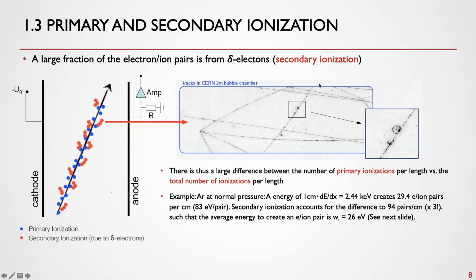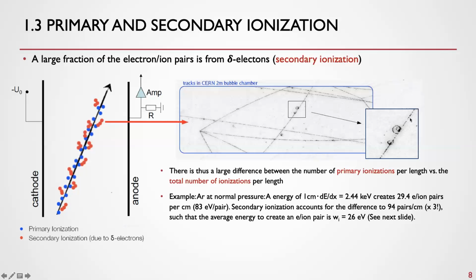The total ionization yield of such tracks in such large detectors will be very Gaussian, because on average, they all look the same. However, if you zoom in and imagine you make your detector small, then sometimes you will see plenty of secondary ionization coming from delta electrons, and sometimes by chance this will not happen.